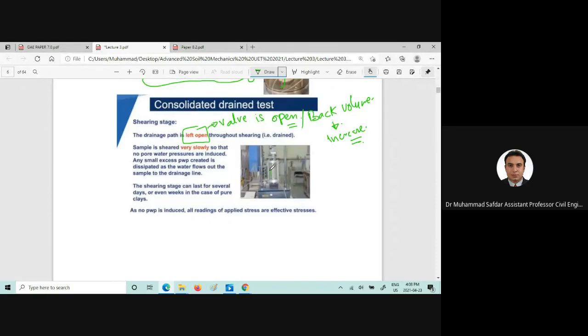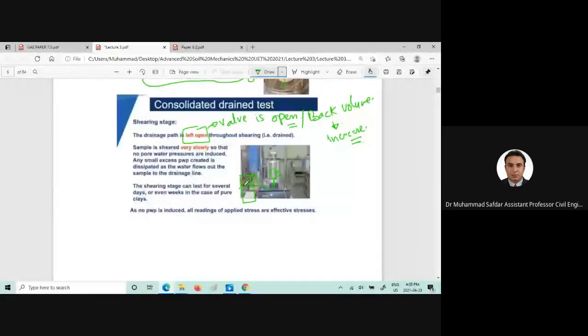So here, if we assume the sample and we are consolidating it, the pore water will go into that pump, and that pump, for example, is filled till here. Now if the pore water is coming into this pump, what would happen?